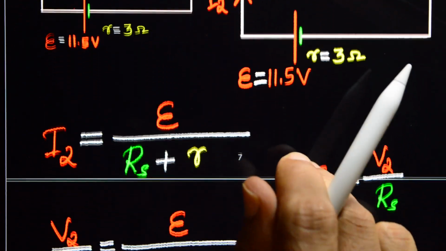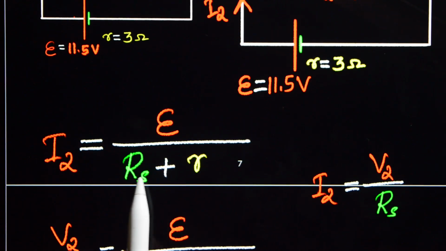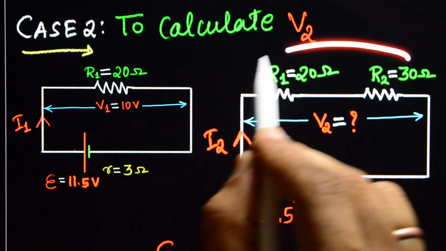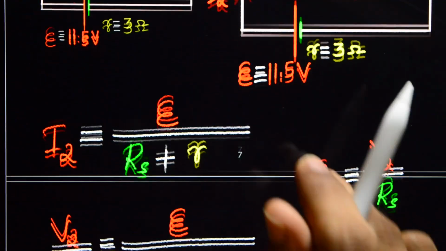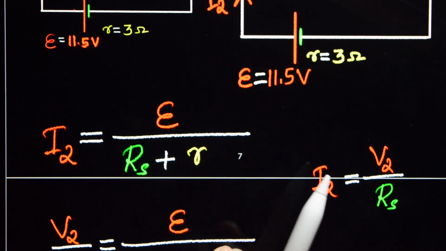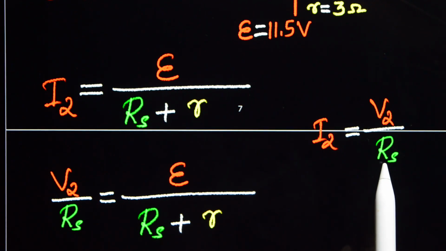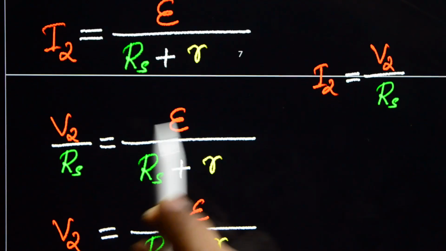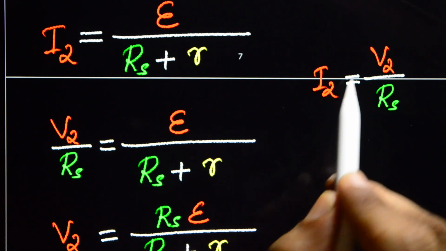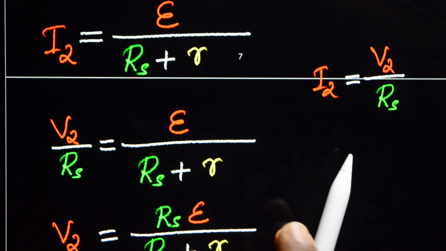Again, here I2 is equal to E divided by RS plus small r. What is RS? Two resistors in series, so the effective resistance will be R1 plus R2, that is RS. I2 is equal to V2 by RS, and therefore V2 divided by RS is equal to E divided by RS plus small r.